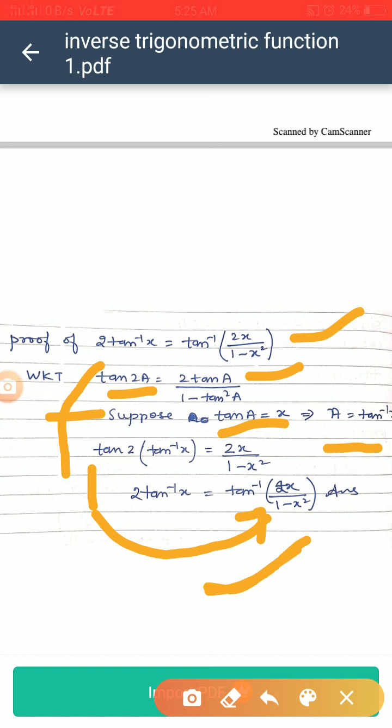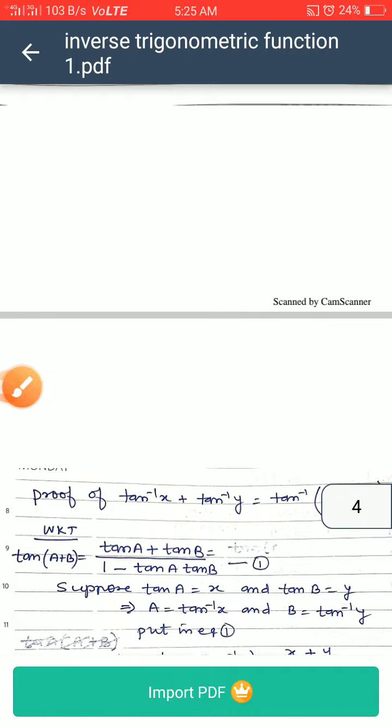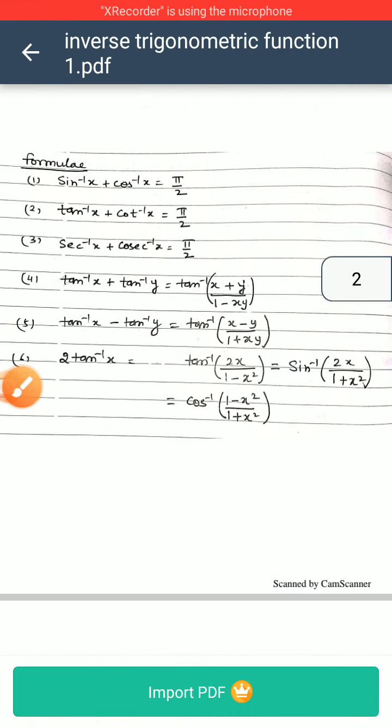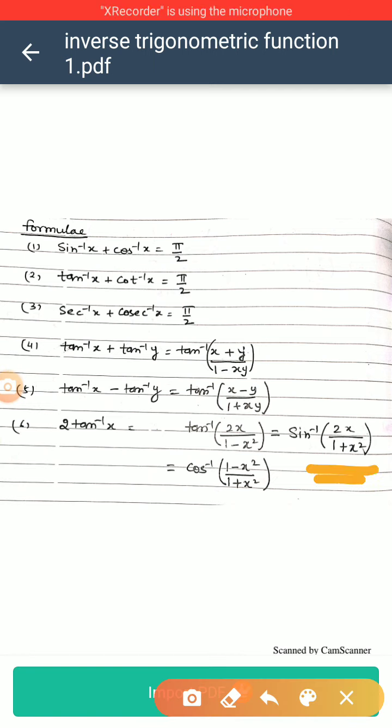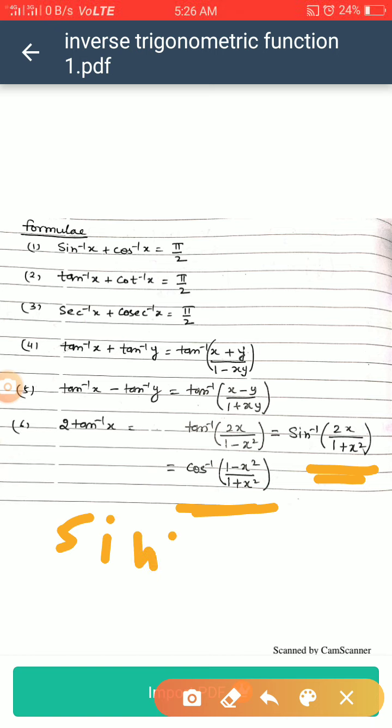This is very simple. Same as it is, you will do the sine inverse 2x one, and this also you will prove. Here you will use the sine 2a formula, which we already did.